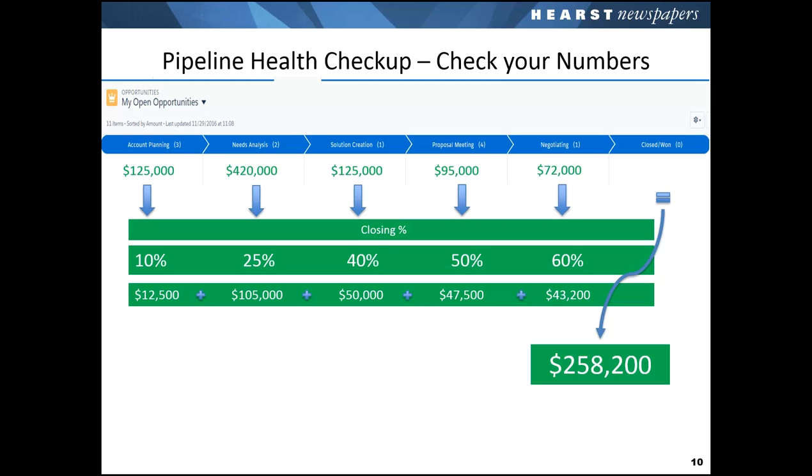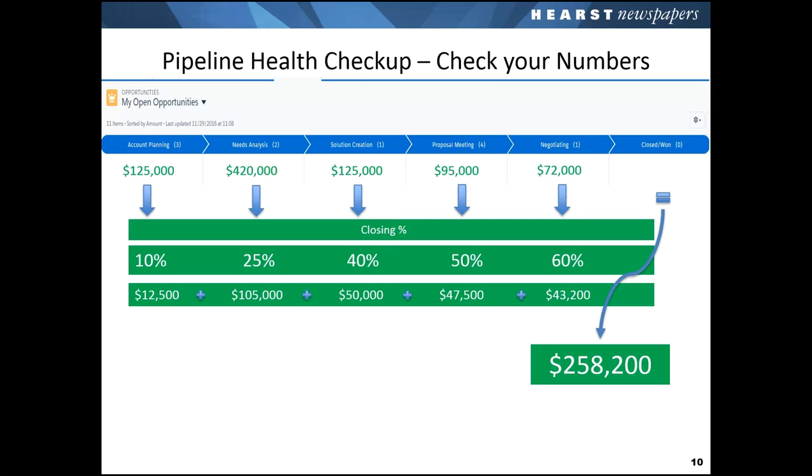A lot of times what you'll see, and in this particular analysis, is that I'm very light in the account planning and needs analysis stage, right? Or maybe not so much needs analysis, but certainly on the account planning stage, I always want to have a pretty big number here because I know on average, a lot of those deals probably aren't going to get all the way over to here to be closed won. So I really need to ramp up as far as lead generation, getting some meetings, getting in front of prospects.